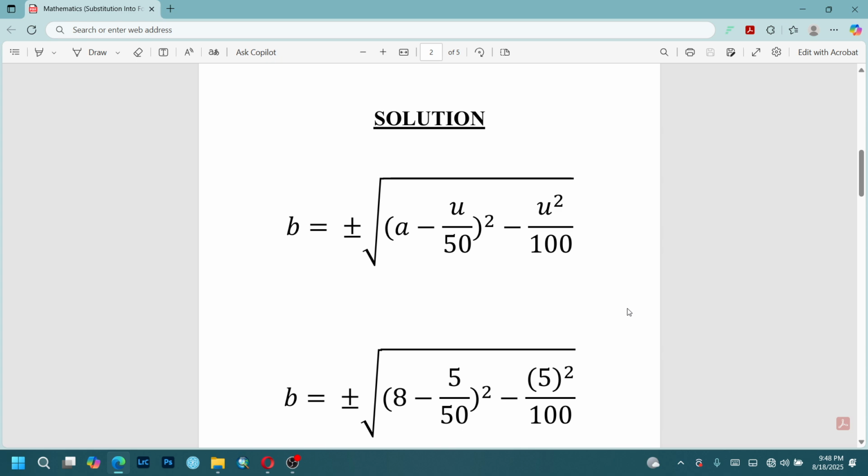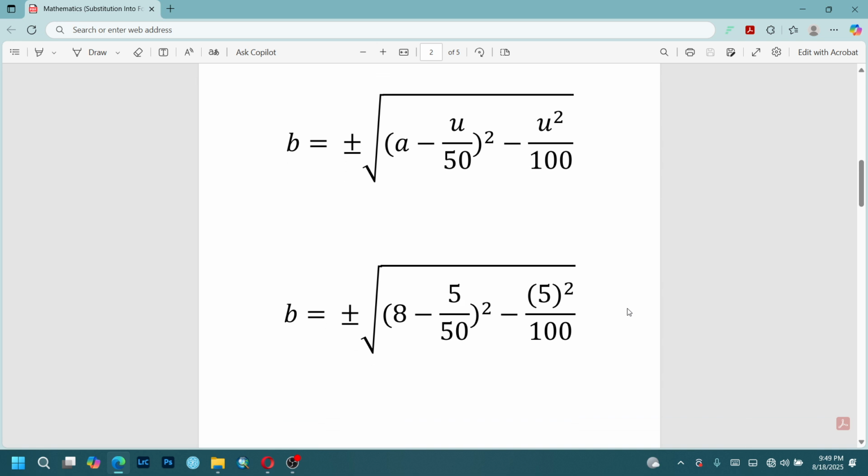So we are going to have b equals plus or minus the square root of 8 minus 5 over 50, in bracket squared, minus 5 squared over 100. That's the fraction 5 squared over 100.